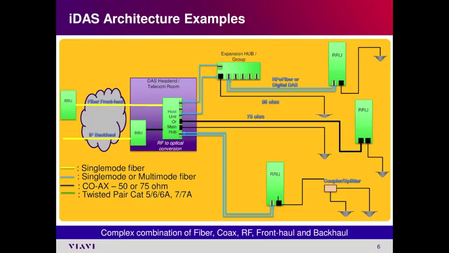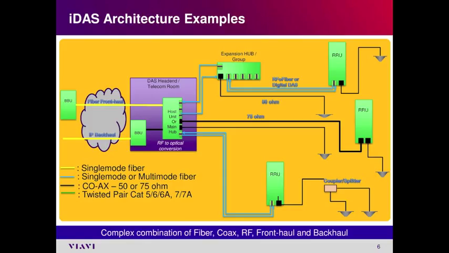So basically you are taking the RF energy coming down from a regular base station to a much lower value, converting it into an optical signal, then passing that optical signal to the remote units that you have all around the building or a venue. And then from there, you convert it back into the RF signal to the antenna.